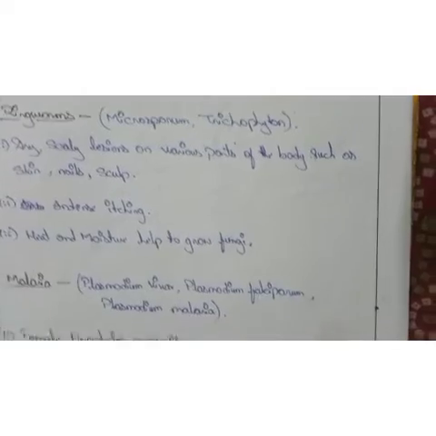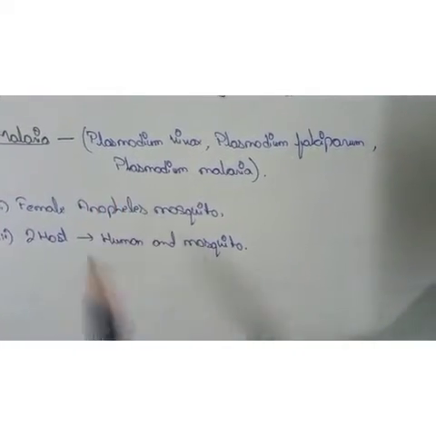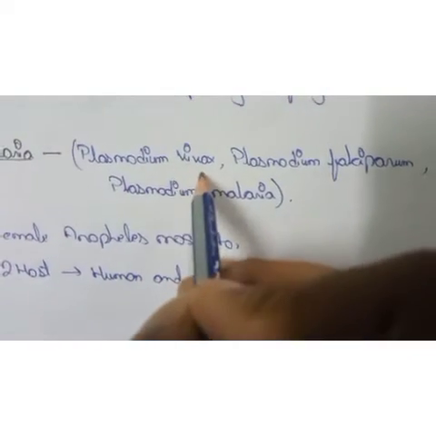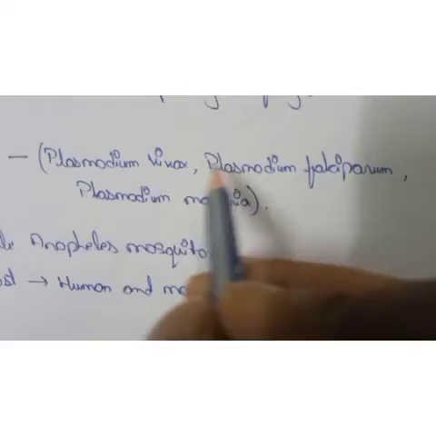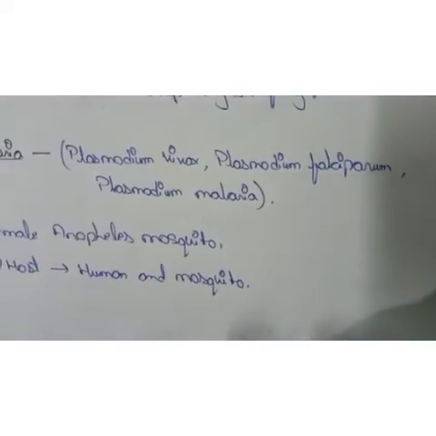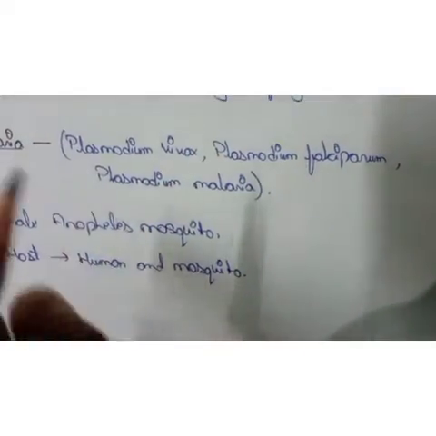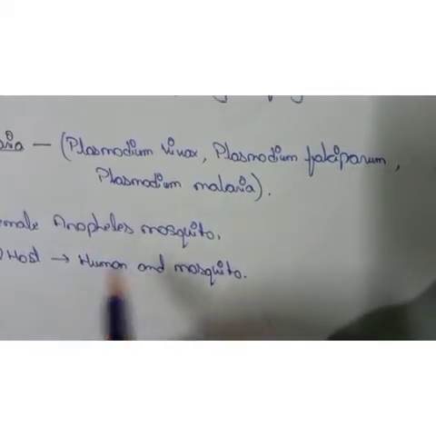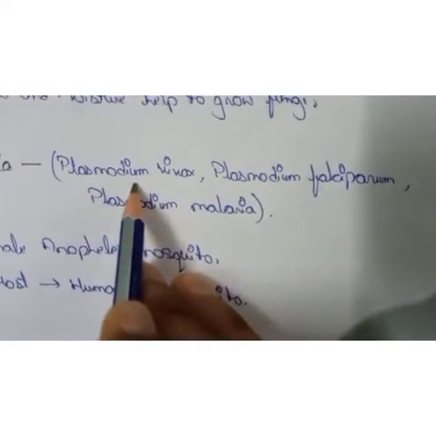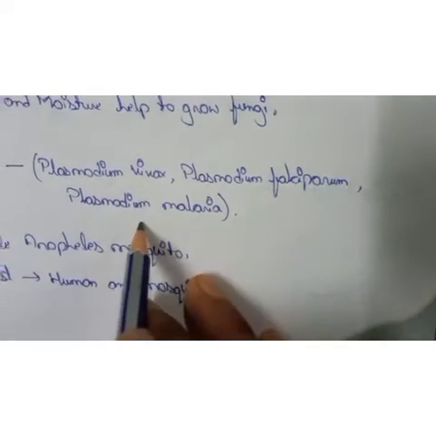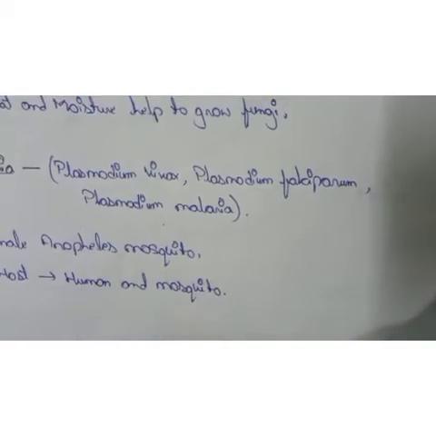Okay, so next disease is malaria. Its causative agent is Plasmodium vivax. The main causative agent is Plasmodium vivax, but Plasmodium has three species: one, Plasmodium vivax, second, Plasmodium falciparum, third, Plasmodium malariae.